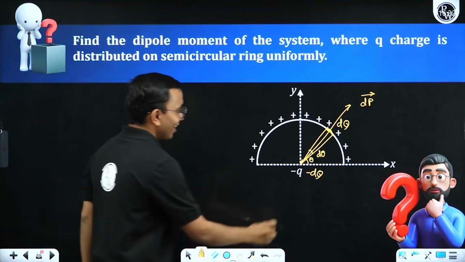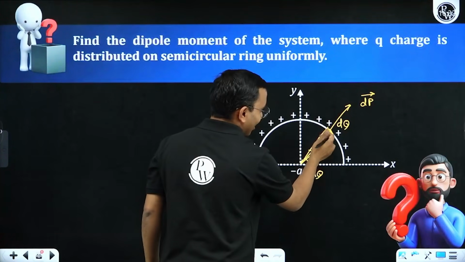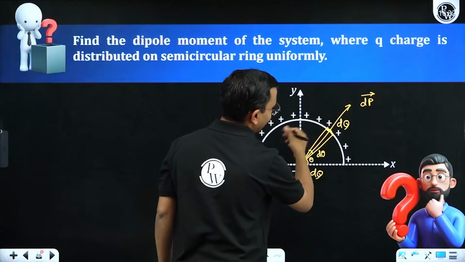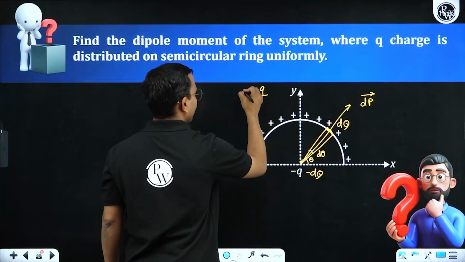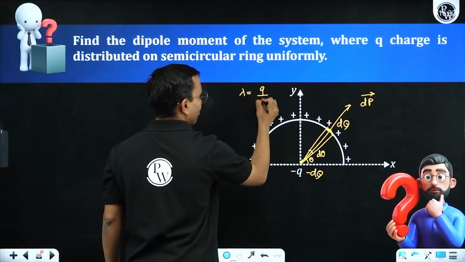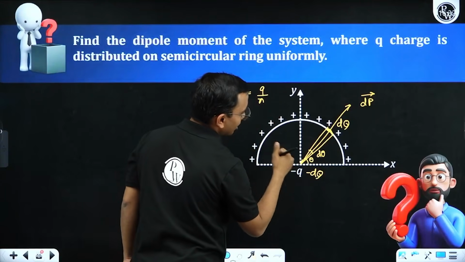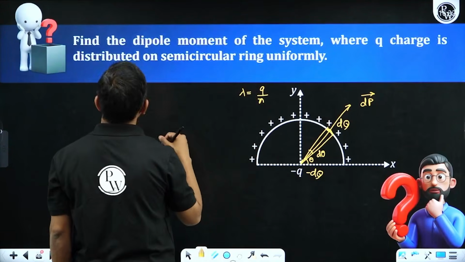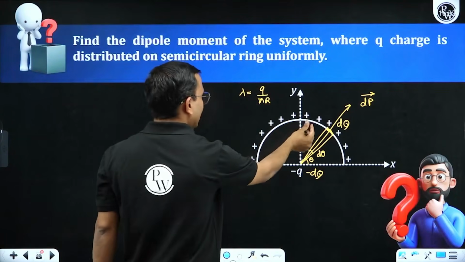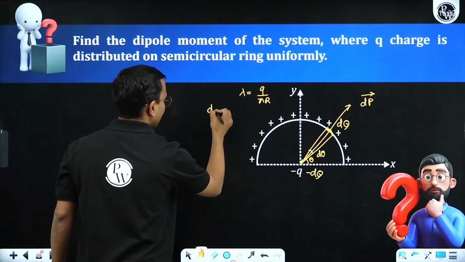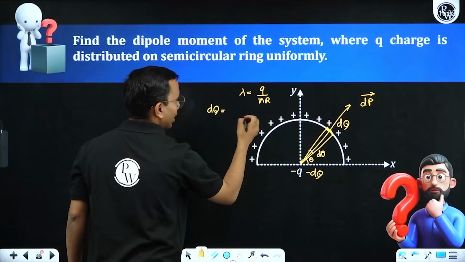How? Let us take charge per unit length to be q by pi into the radius, and let the radius be r. If I write dq there, that is length into charge per unit length.